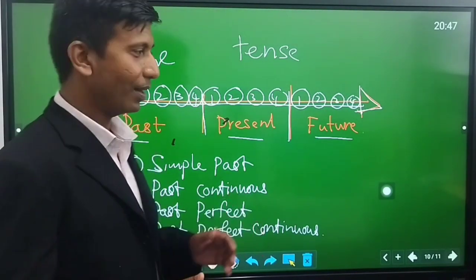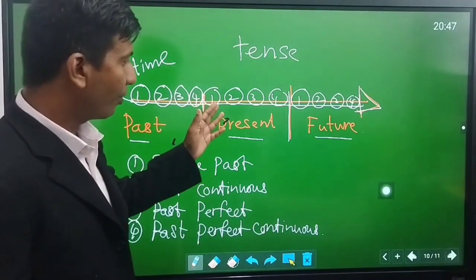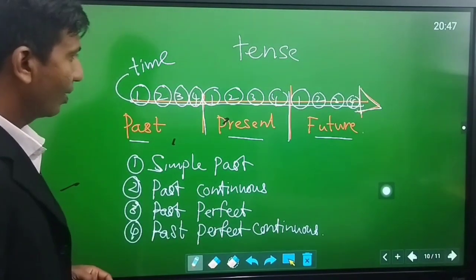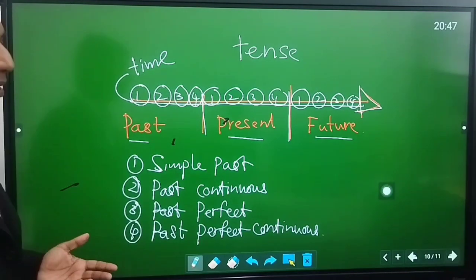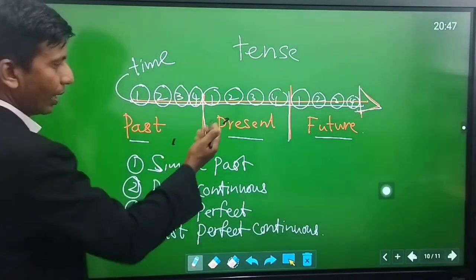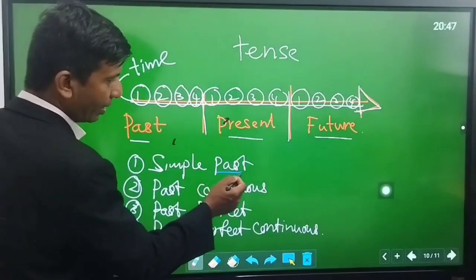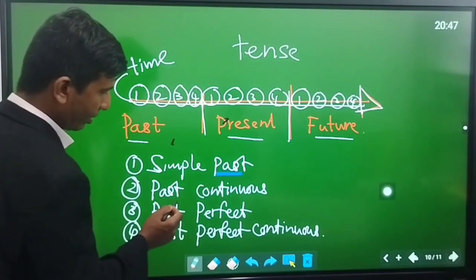In the same manner, we find 4 tenses in present also. What are they? Very easily you can name them. What you have to do is replace the word past with present.